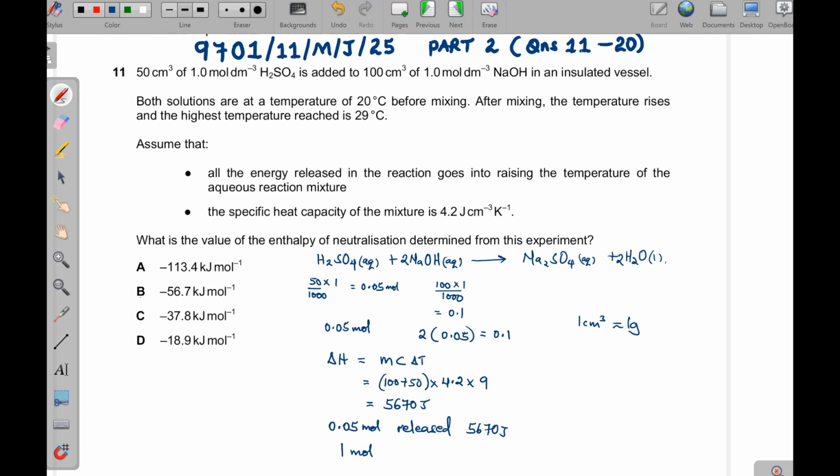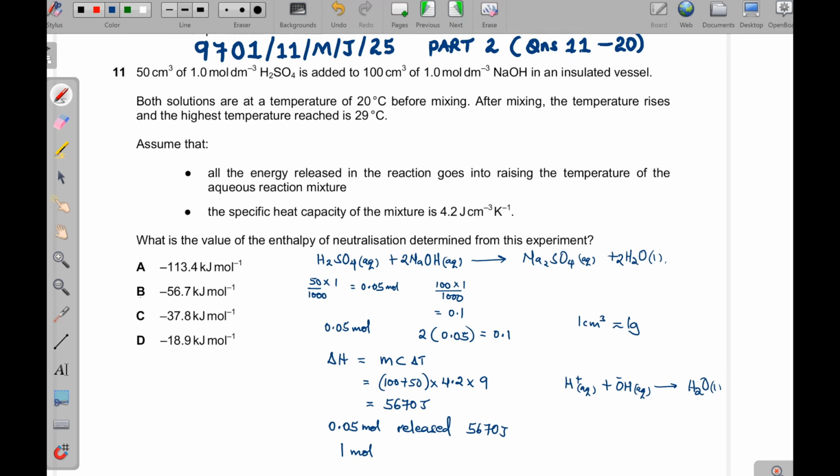How about 1 mole of sulfuric acid? You can see that 1 mole of sulfuric acid releases 2 moles of water, and yet when we are looking at enthalpy of neutralization, we are looking at 1 mole of water being formed. So you have hydrogen ions plus the OH ions to give us water as a liquid, 1 mole.